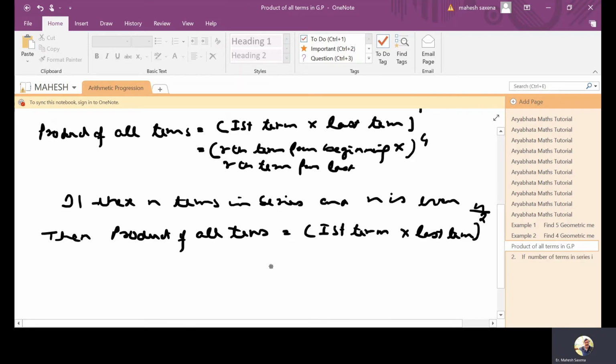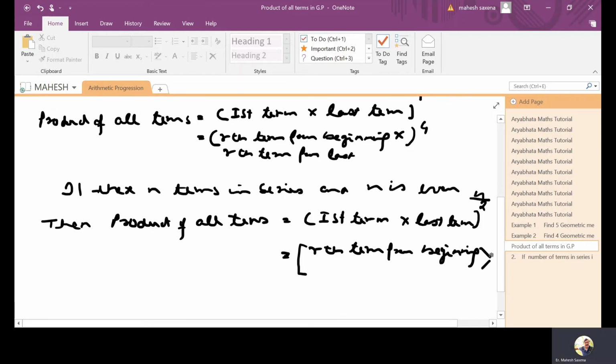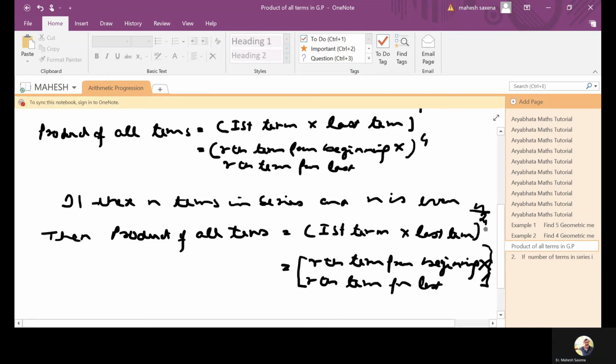It can also be equal to rth term from beginning into rth term from last, whole to the power n by 2.